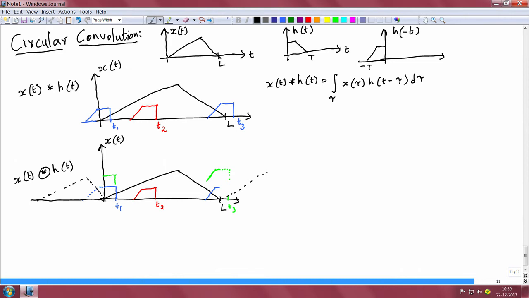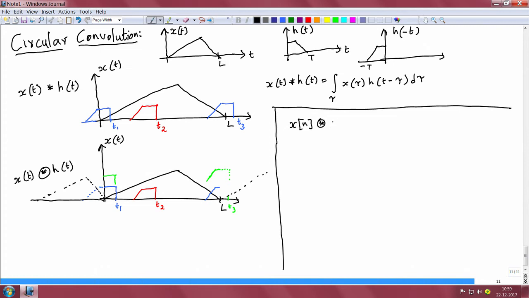More fundamentally, if we look at a discrete time response, let us look at what happens when we do x of n circular convolved with, let us say, delta of n minus 1. In this particular case we have x of n, which might have some impulse responses.